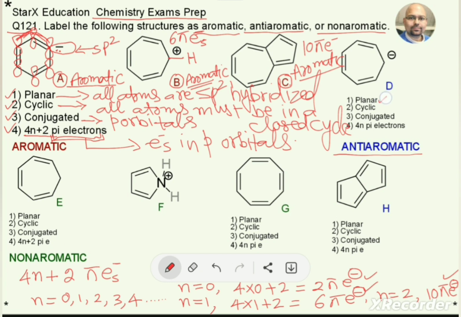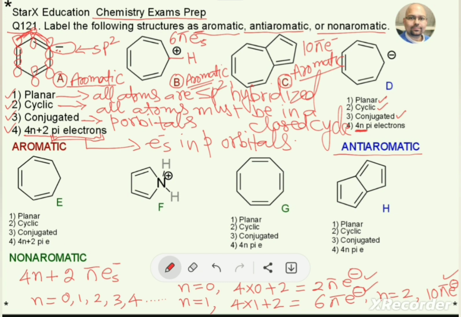They are planar, they are cyclic, there is conjugation, and the only difference is that there are 4n pi electrons, not the 4n plus 2 pi electrons that make the compound aromatic, but 4n pi electrons. N is still the same number. It can be 0, 1, 2, or 3.